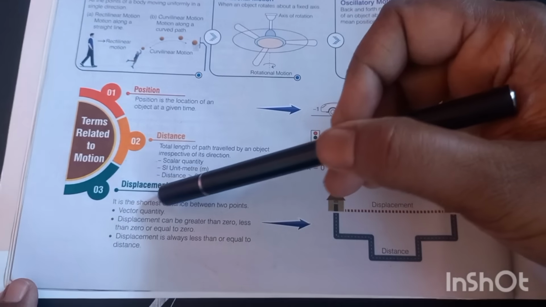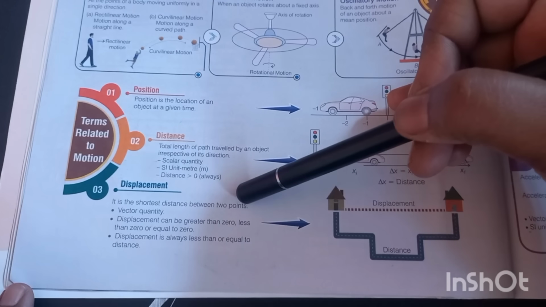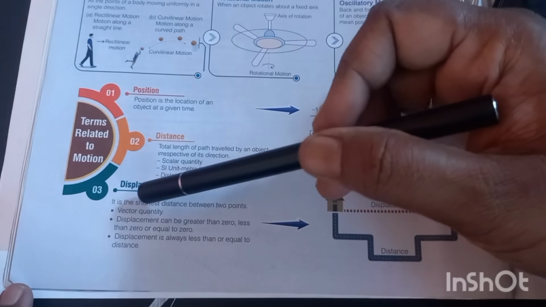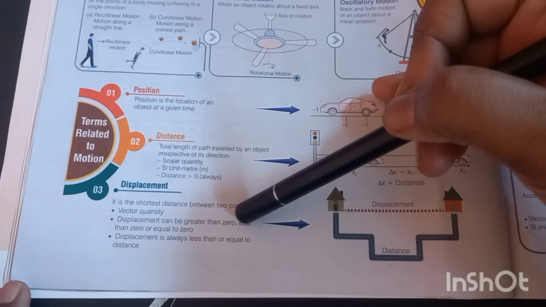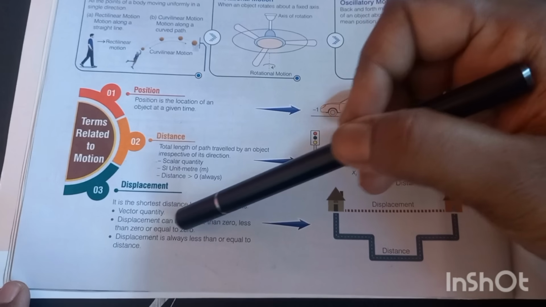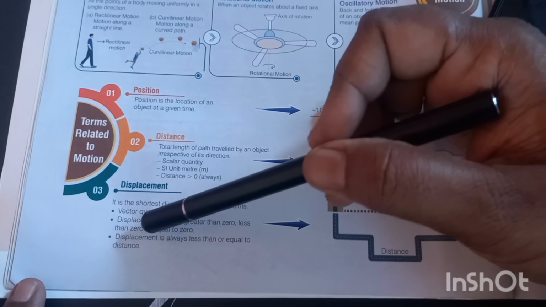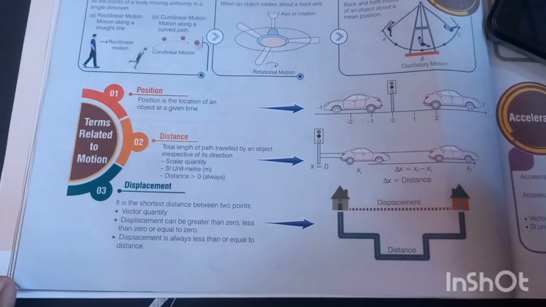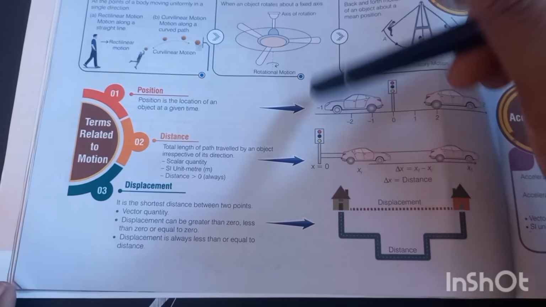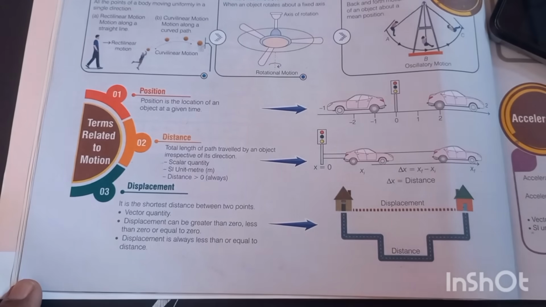It is a vector quantity. Displacement is always less than or equal to the distance. Understood? I hope you have understood till here.